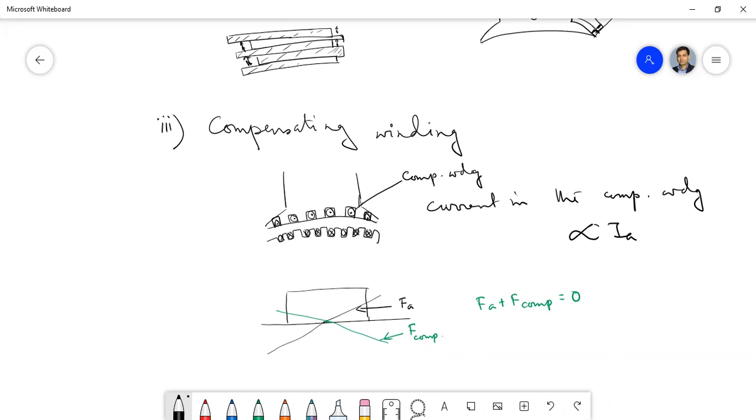Okay, so to keep this FF intact, বুঝতে পেরেছো? FF টা intact রাখতে গেলে তার FA টাকে cancel করতে হবে by this FCOM. So এখান থেকে বোঝা যাচ্ছে যে current direction টা opposite হবে. Is that clear? বুঝা গেল?